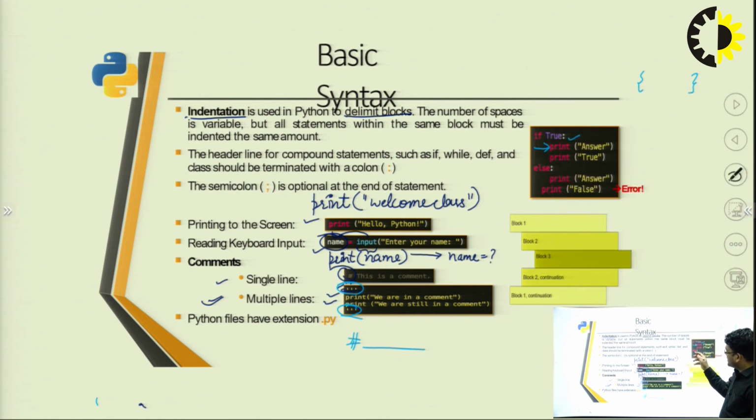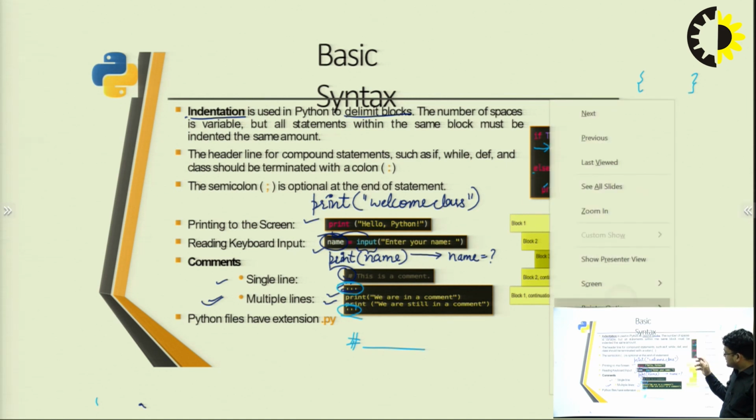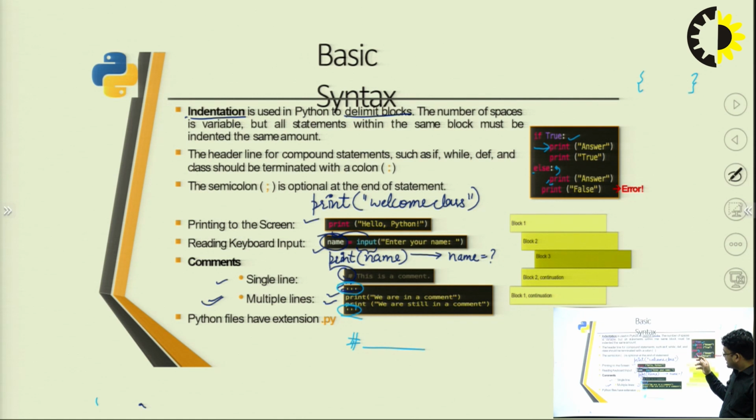And then we are writing else. Inside else, again we have provided a space, then we are writing this print statement, and this print will be part of this else. But as you can see, another print statement we have written after this print, so we have provided a space over here.